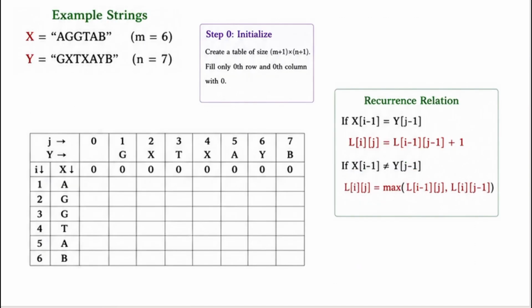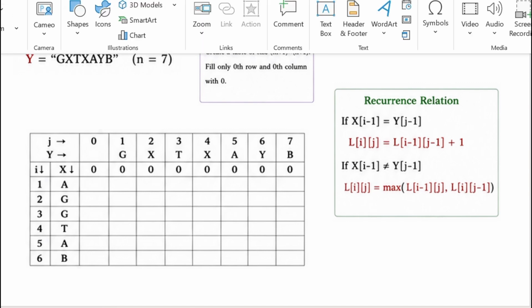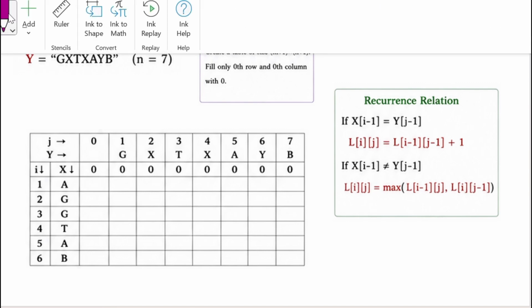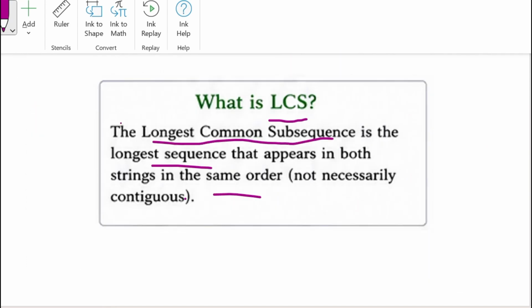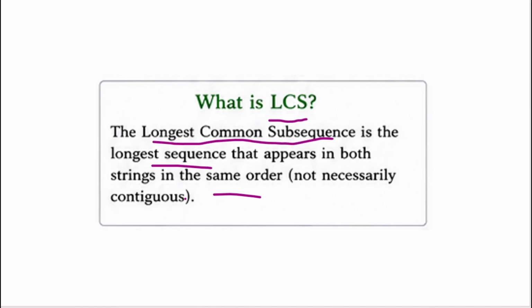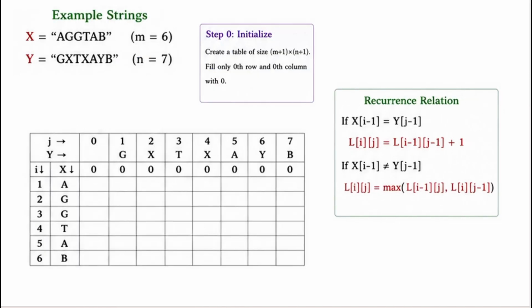Okay, so in all dynamic programming, the first step is to construct one table, right? One 2D table with a number of rows and columns. How many characters are in the first string X? The number of characters is 6.